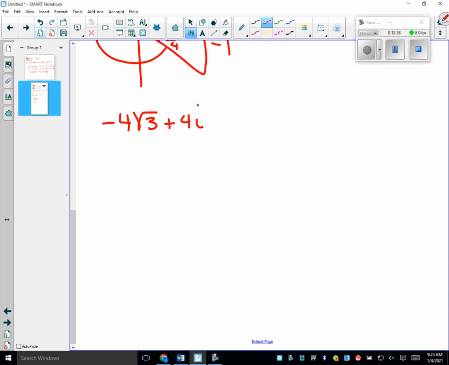I'm a little bit confused about how to do this part. Okay. R is equal to the square root of negative 4 radical 3 squared plus 4 squared.